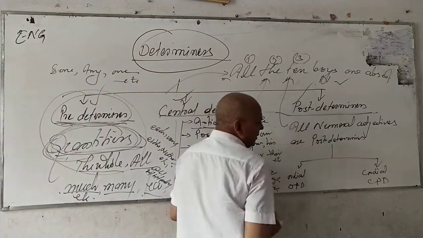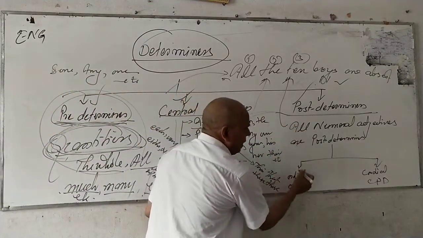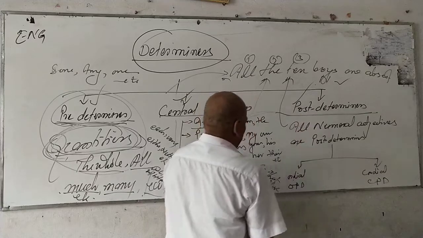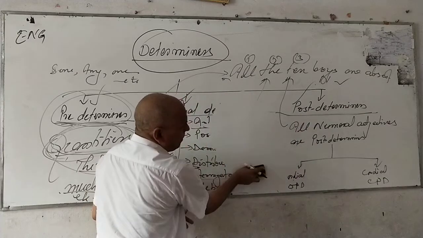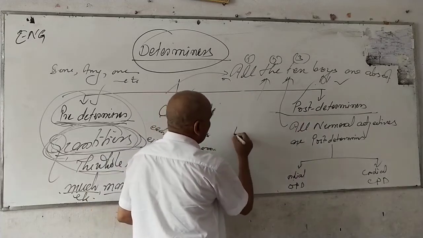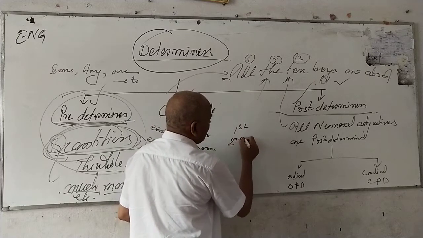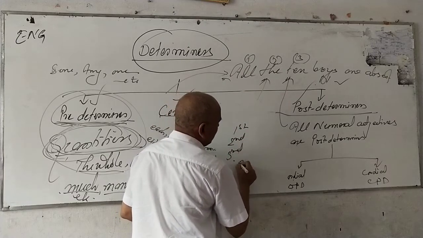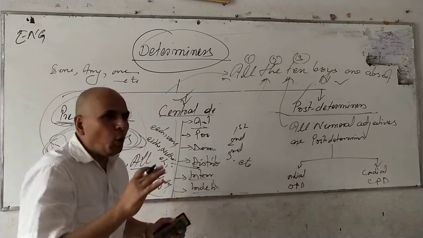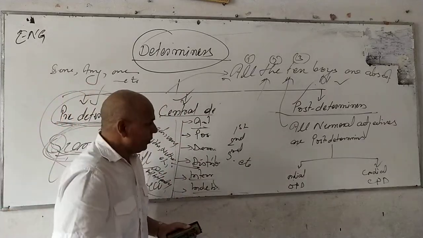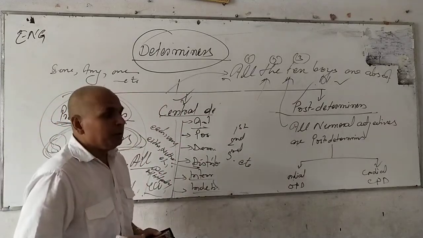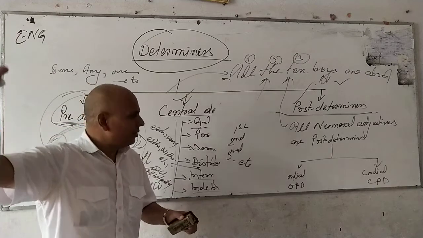Now the post determiner: ordinal, first, second, third, etc. It will go infinitely, even hundredth, millionth, billionth.